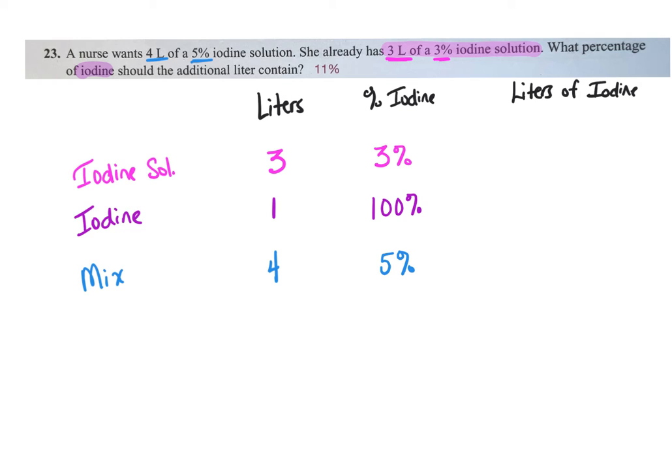All right. 100%. In this case, however, what are they asking for? So is this pure iodine that they're adding? So if it were pure iodine, this would be correct, right? Did they say pure iodine? No. What did they actually say here? What percent iodine?